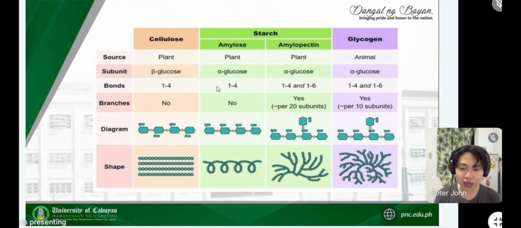The bonds vary kung ilan yung nagbabond together. Then, we have the diagram. For the cellulose, a chain of this, almost similar. Medyo nagkakaiba lang ng branching. For the shape, as you can see, for the cellulose, one line lang siya. For the starch, it could be this one, or this one, or for glycogen, very complex siya.